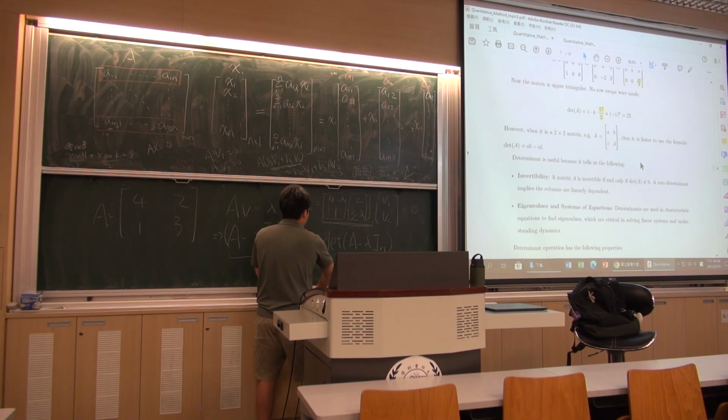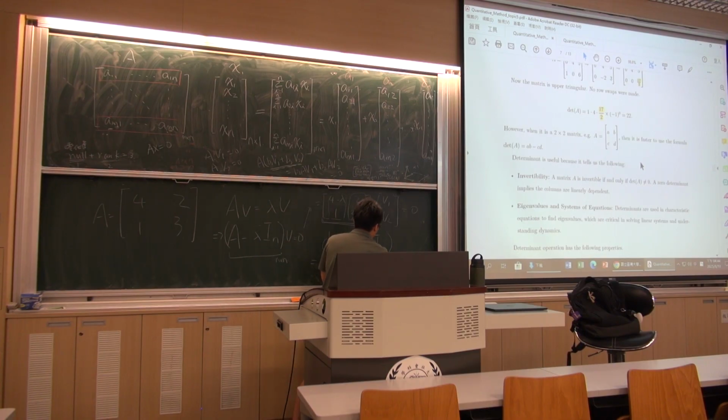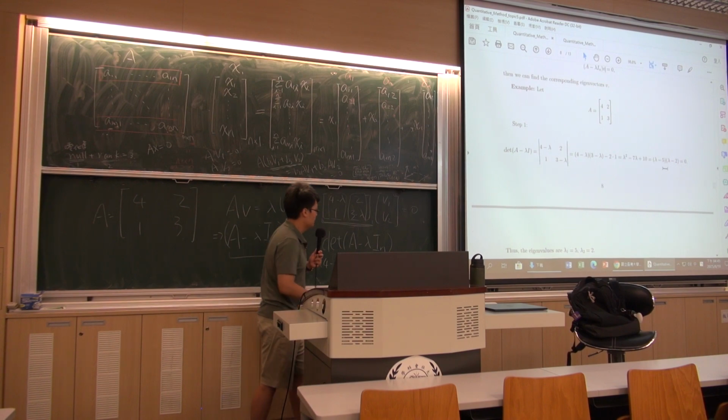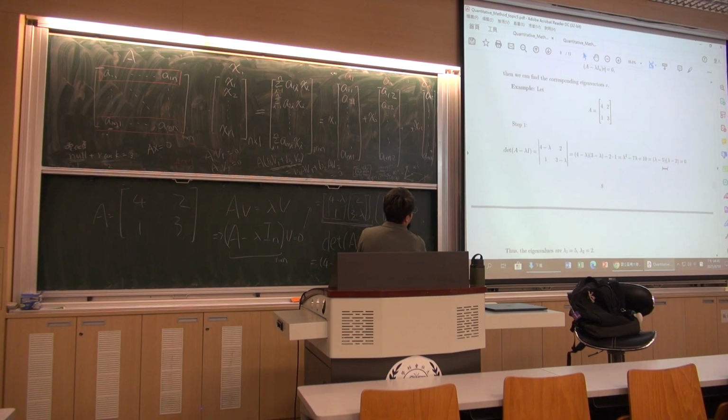So that means it equals (4 minus lambda) times (3 minus lambda) minus 2, and this equals 0. Solving these equations will lead you to (lambda minus 5) times (lambda minus 2) equals 0.